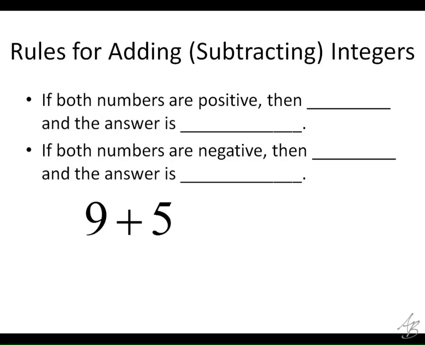We get positive 14 there. If we have something like negative 9 minus 5, because remember a problem like this from the opener yesterday, they're both negative, right? So we add them together and get 14, but is it a positive 14 or a negative 14? It's a negative 14. All right.